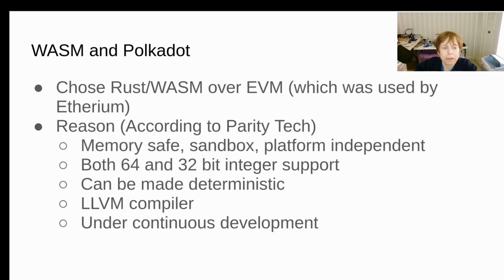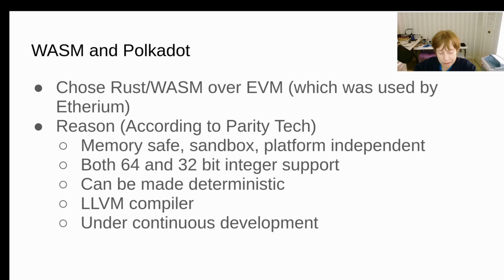So now we're going to talk about Wasm and Polkadot. They chose Rust and Wasm over the EVM, which was used by Ethereum. Their reasons, from their documentation: it's memory safe, sandboxed, and platform independent. It has both 64 and 32-bit integer support. It can be made deterministic.